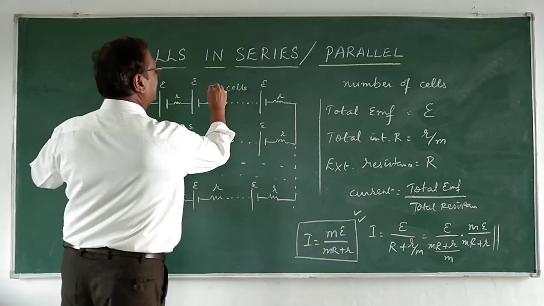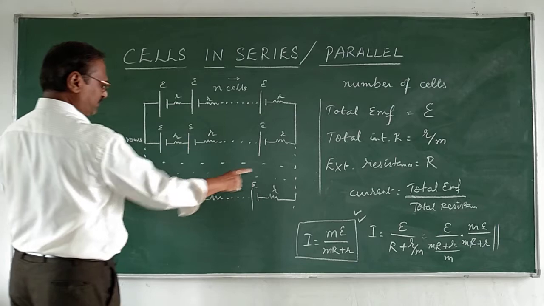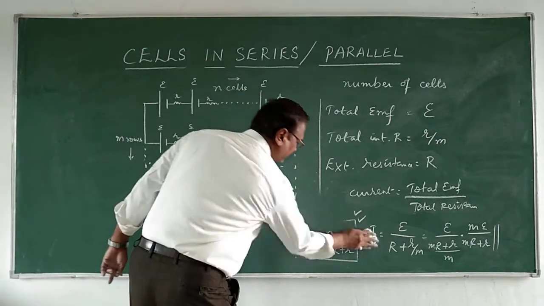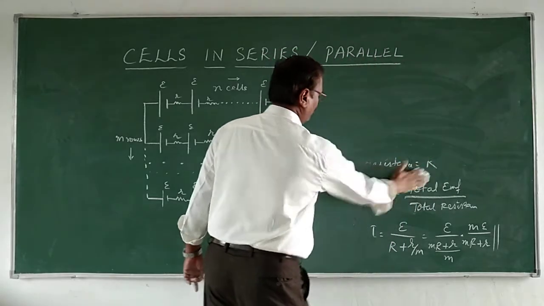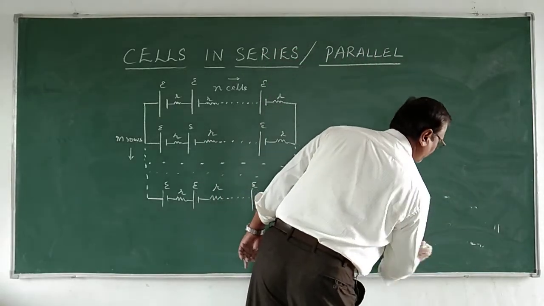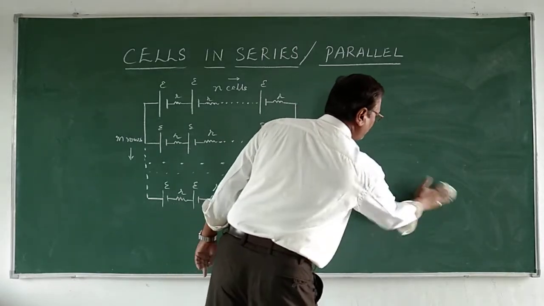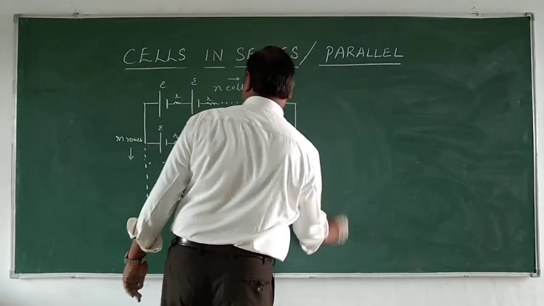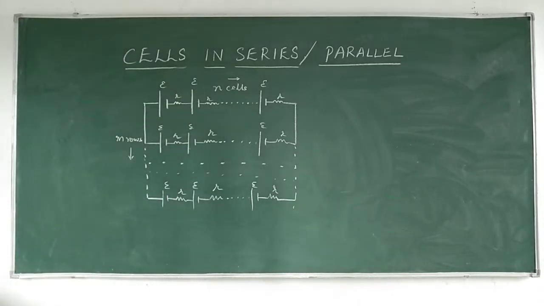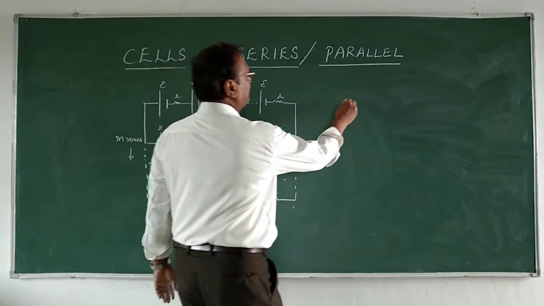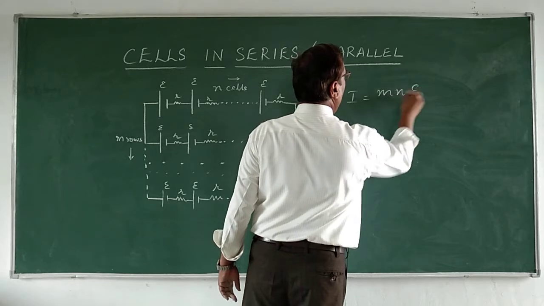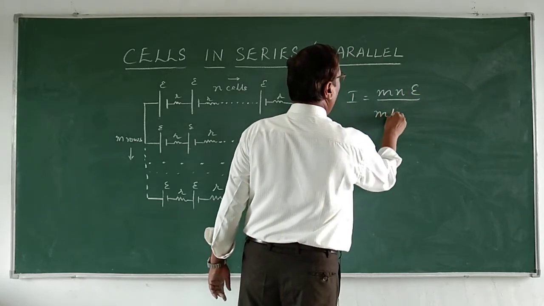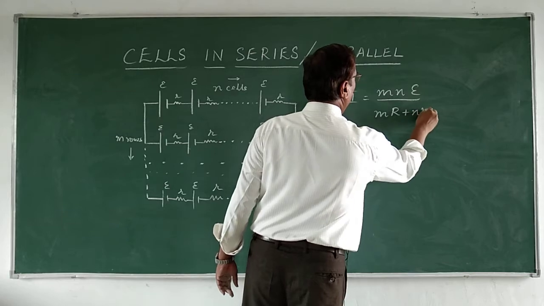M rows are there, n number of cells are being grouped together, they are all identical. Then what will be the final formula? Fine. I am not going to derive this equation, I am just going to give you only the final result for you. I is equal to m n epsilon upon m R plus n small r.